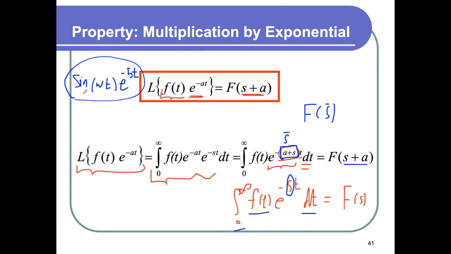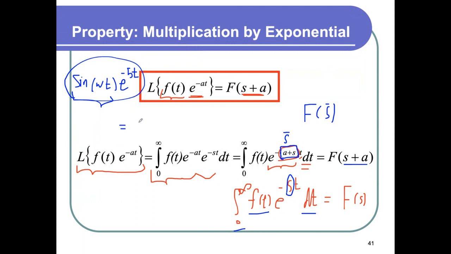But if I know the Laplace transform of the sine function, which is something we can easily know, and we can write it as a property or in a Laplace transform table, then whenever I multiply the sine function by an exponent, then immediately I can just say, okay, because I know the Laplace transform of the sine, and this is multiplied by exponent, I can just shift the output by 5.